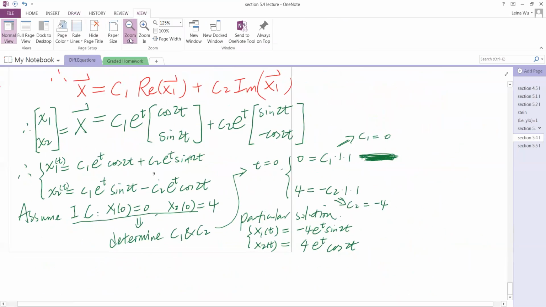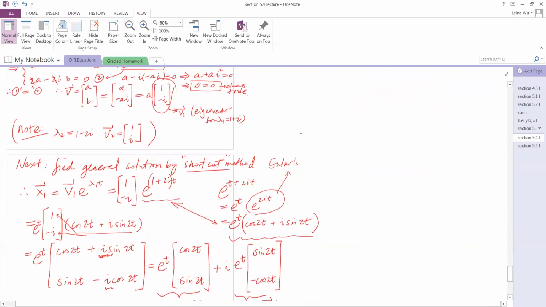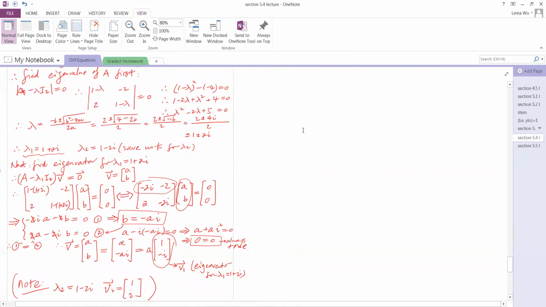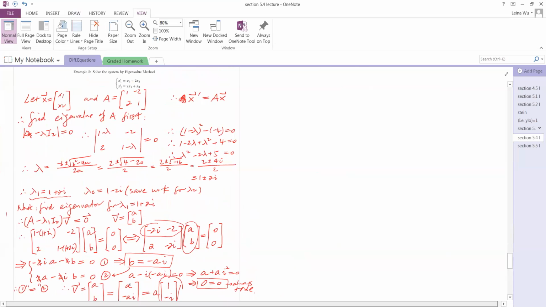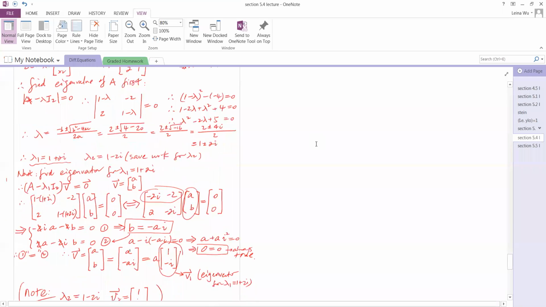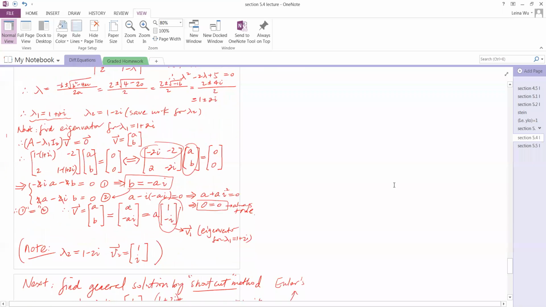Any questions, folks? I have one question. Yes, Noam. If we have lambdas where one lambda is real and the other two are imaginary, like in our homework, then we solve the imaginary part like we did today and the real part like we did on Friday, and then merge the two solutions? Yeah, you just do the linear combination, right?